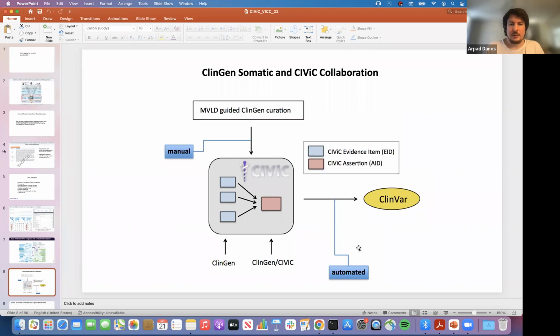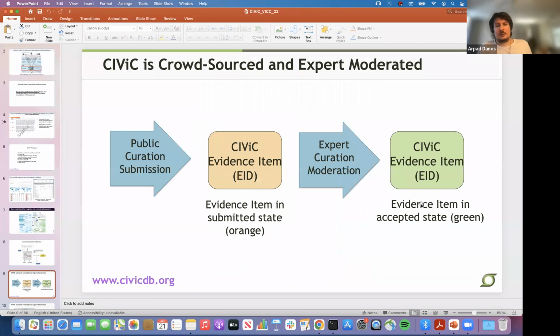We're creating assertions out of submitted evidence. We'll talk a little bit about what those are, and we've also submitted some information to ClinVar, and we'll continue to do so and develop ways of doing so, and also maybe a closer interaction with the ClinVar data model over the future. But briefly, the public submits curation to CIViC.